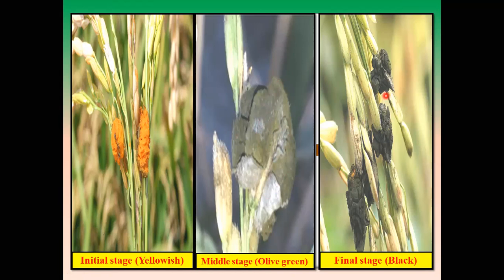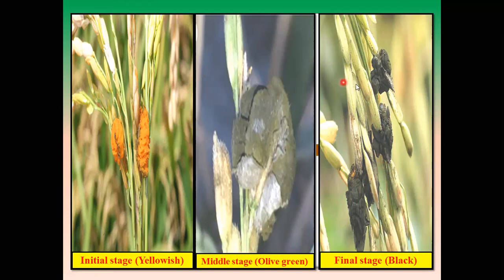Okay, means only a few grains are infected in a panicle, and these grains develop into smut spores. Okay, so this type of infection is generally seen in rice plant due to the Ustilaginoidea virens pathogen.